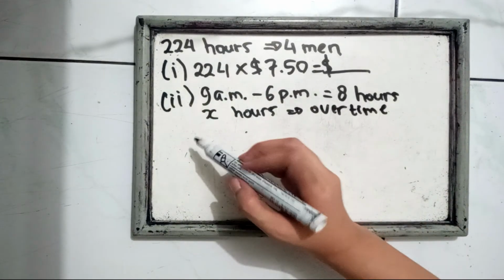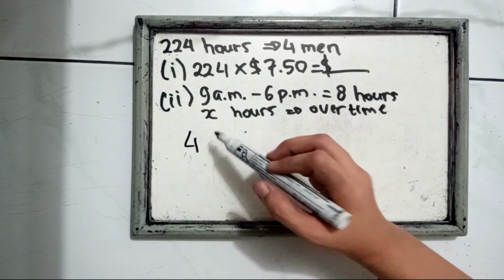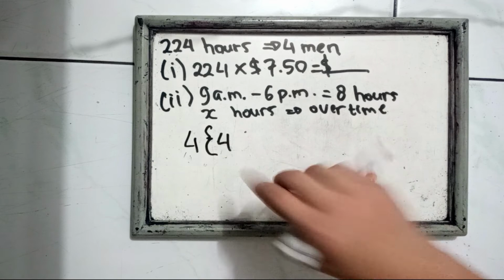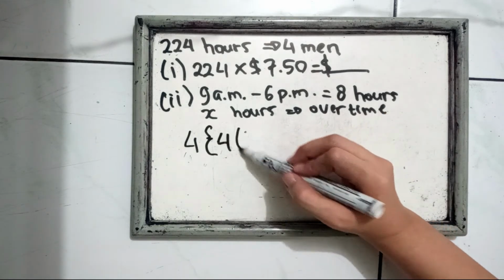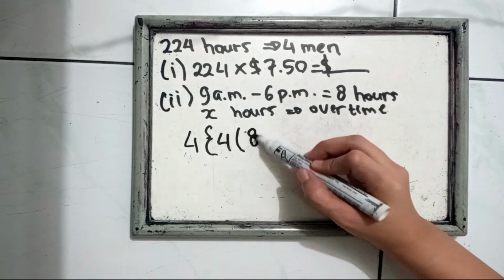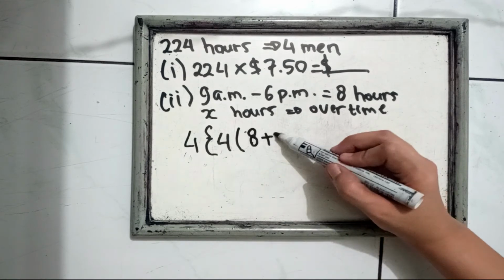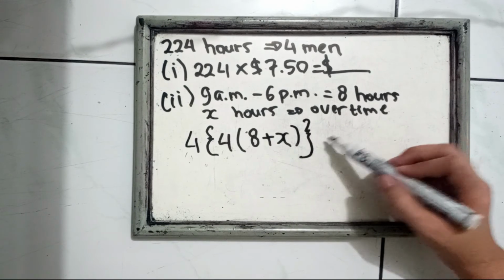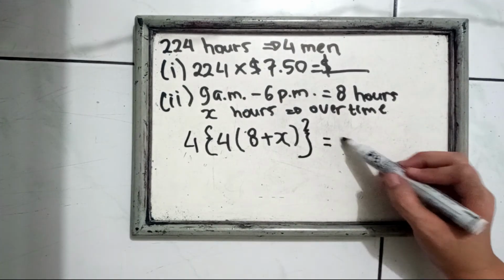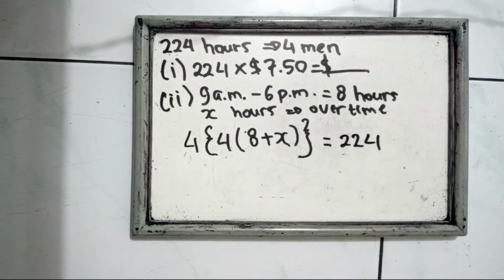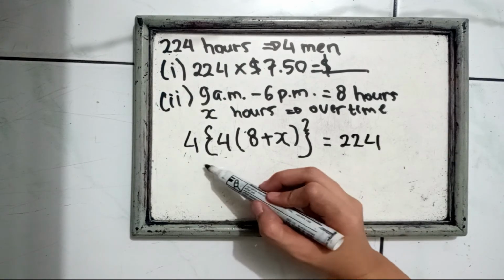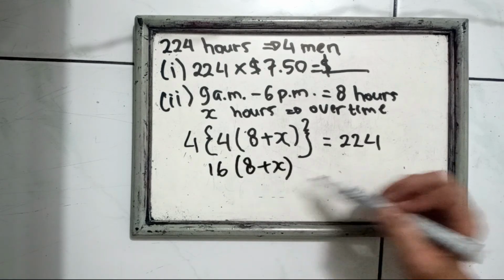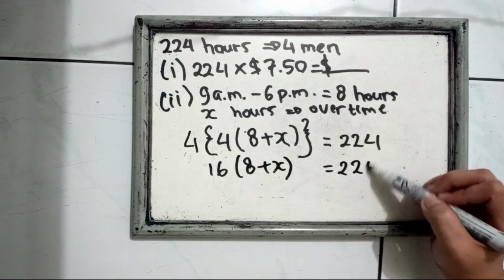So here, they work in 4 days, 4 days for 4 workers. For each worker, they work 8 hours and X hours overtime. And then the total hours they work is 224. So first, find 4 times 4, 16 times (8 plus X). It will be equal to 224.